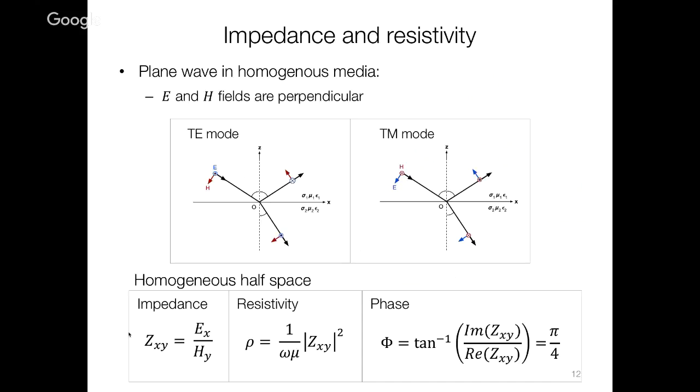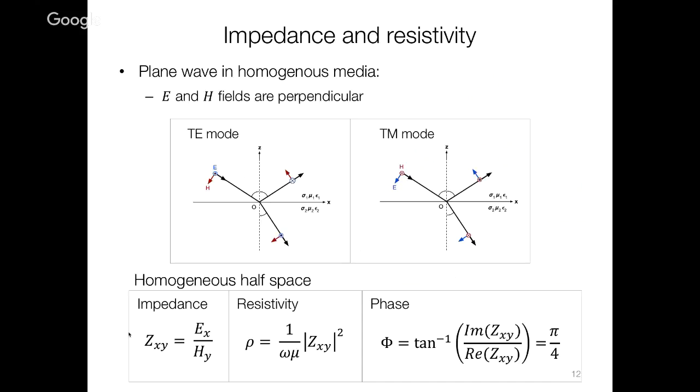In the TM mode, H is parallel and E crosses the boundary. That's going to become important later on, because remember, whenever we had an electric field that was crossing a boundary, we ended up saying, oh, this current has got to go through there, and that's going to mean there's charges that are building up.